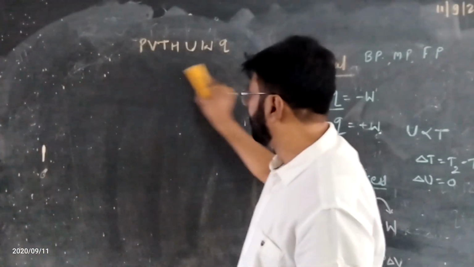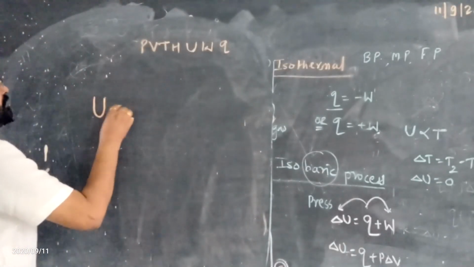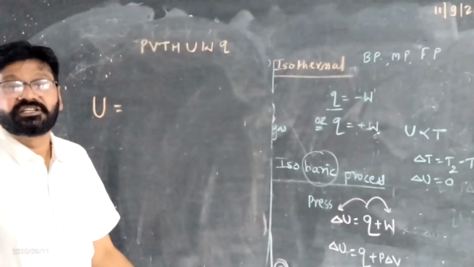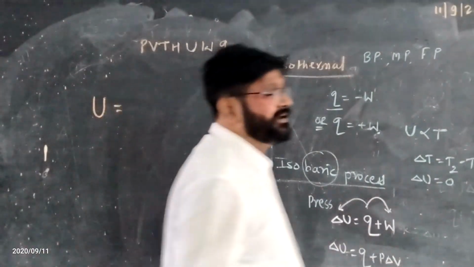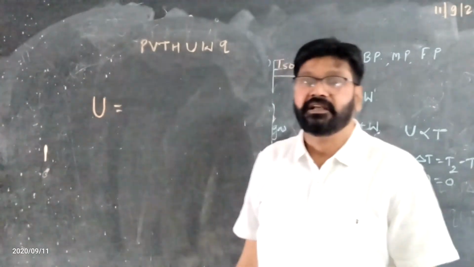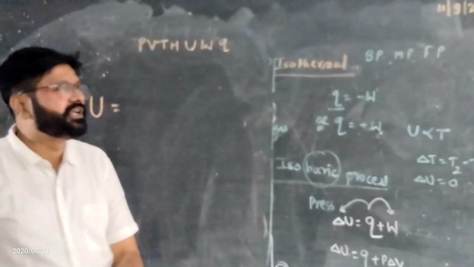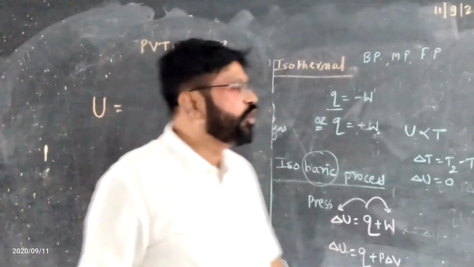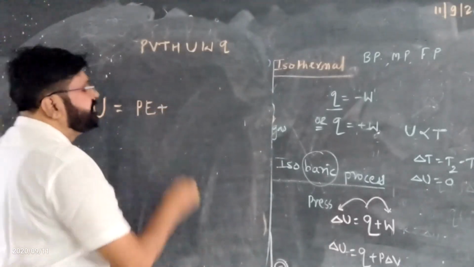internal energy is a state function. It has two states, initial state and final state. To determine whether internal energy is an intensive or extensive property, consider its definition: the total energy associated with the system is called internal energy, or the algebraic sum of potential energy, kinetic energy and other forms of energy.